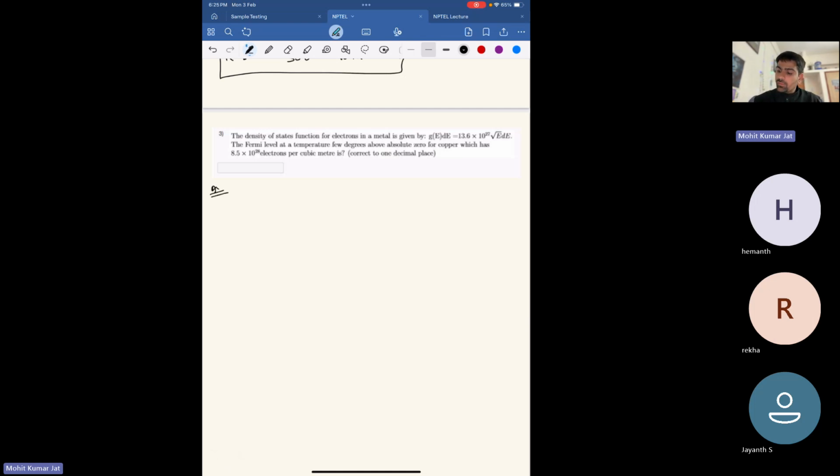The density of state function of electrons in a metal is given by G(E), the density of state, 13.6 × 10^27 root E dE.